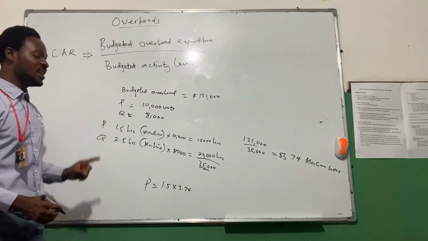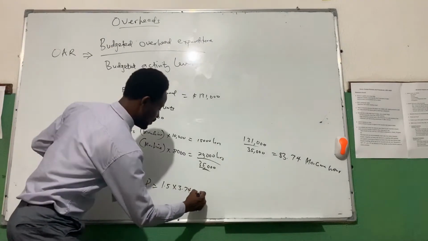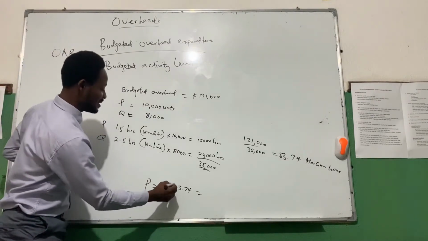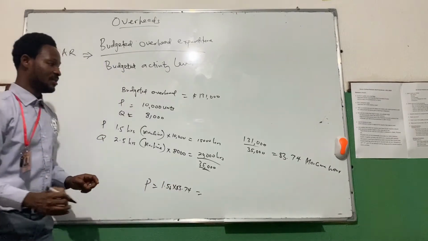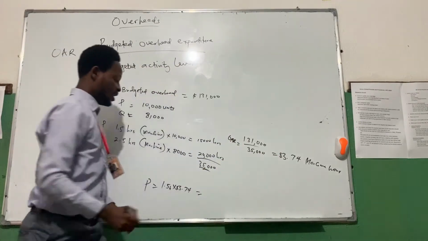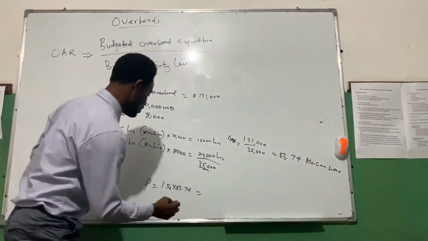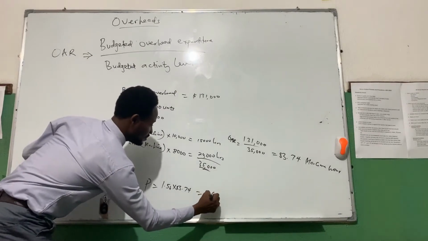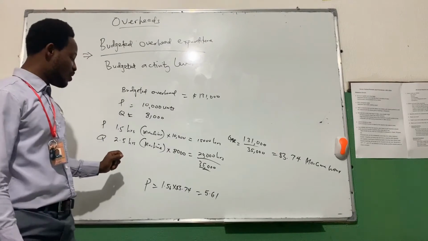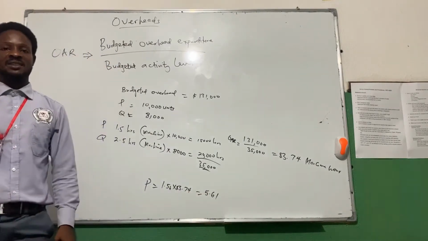So each unit of product P will incur an OAR of 1.5 hours at $3.74 for each hour. So what's the answer? 5.61 to 2 decimal places. That's for each unit of product P, the cost of 5.61 of the overheads.